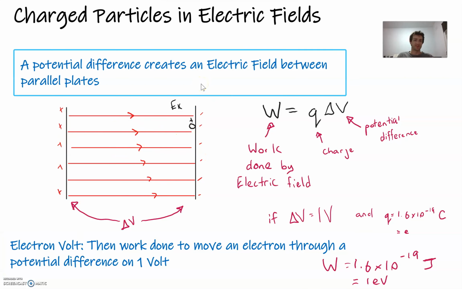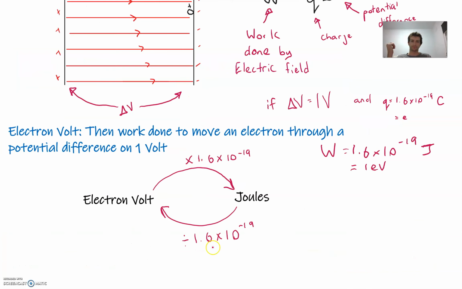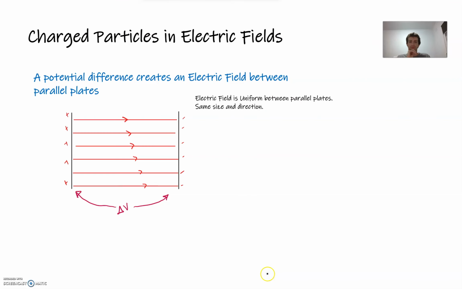It's moving through a potential difference of just 1 volt, and that's what an electron volt is. If we want to convert between electron volts and joules, we use the charge of the electron, 1.6 by 10 to the power minus 19. So we multiply by that value if we're going to joules, and we divide by that value if we're going to electron volts.